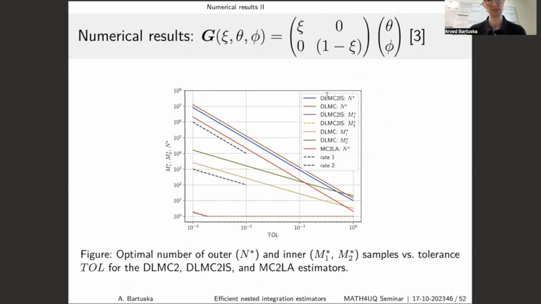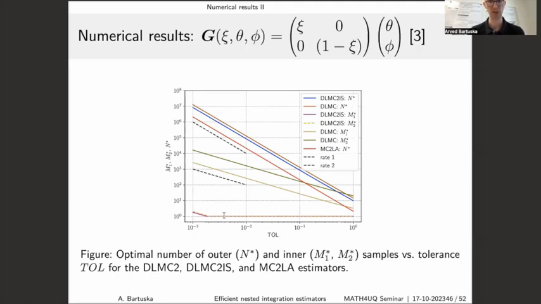Okay, here we again compare estimators. And here we can see that the outer number of samples basically doesn't change much if we use importance sampling, but the inner number of samples does. So the green and the baseline are the inner number of samples without importance sampling. And here, these two lines are with importance sampling.